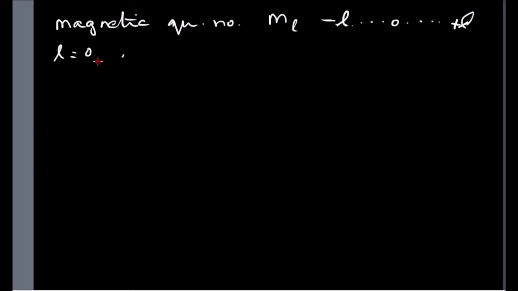Now when L is equal to 0, ml can have value only 0, because minus L through 0 to plus L is just 0, so you can have only one possibility, that is 0.